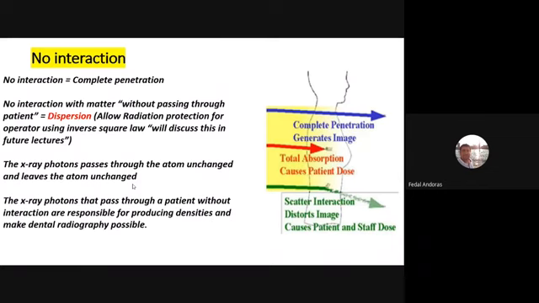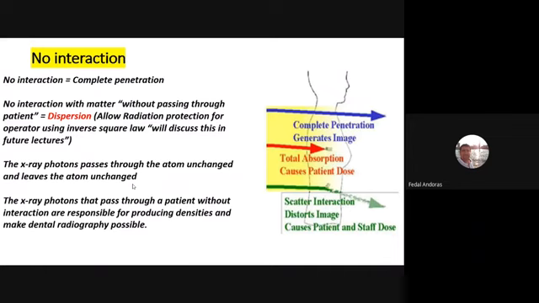The X-ray photons that pass through the patient without interaction are responsible for producing densities and making radiography possible. And this is our aim. When taking a radiograph, we want to see the radiograph, the film. We want to see the result.